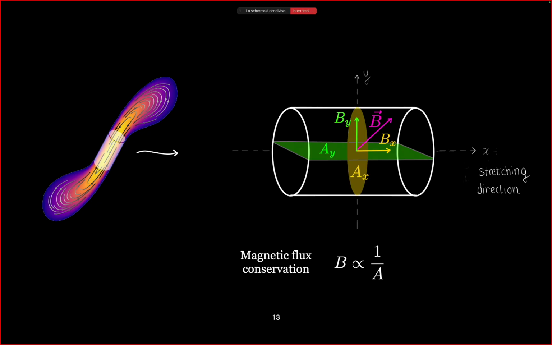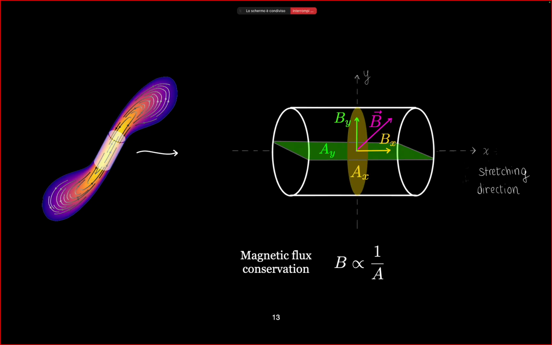And because of that, magnetic flux conservation tells us that both the components of the magnetic field need to evolve in such a way that they are inversely proportional to the area that they are going through.